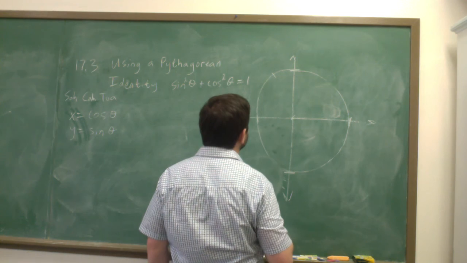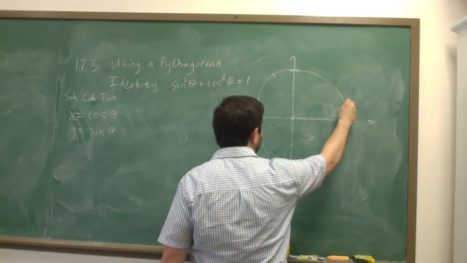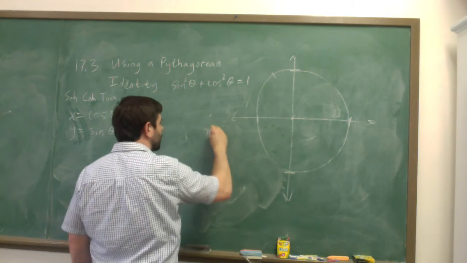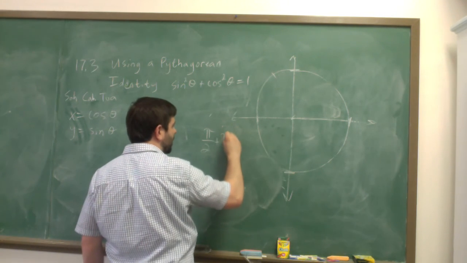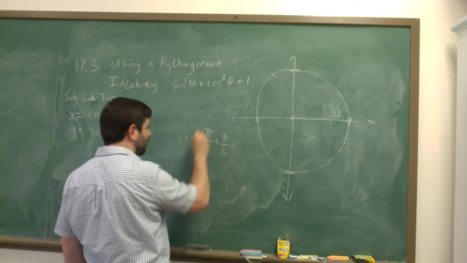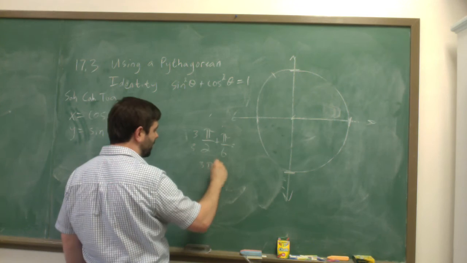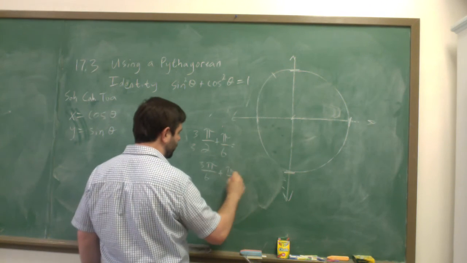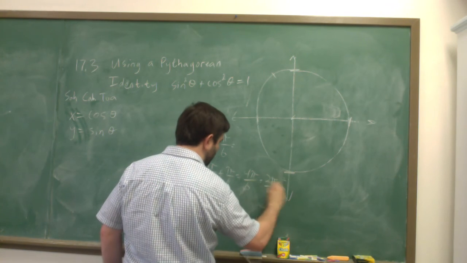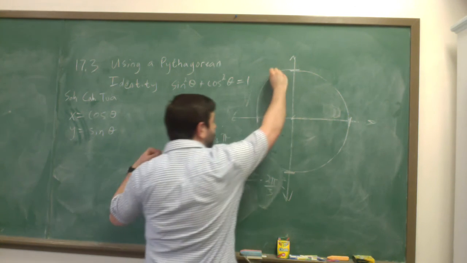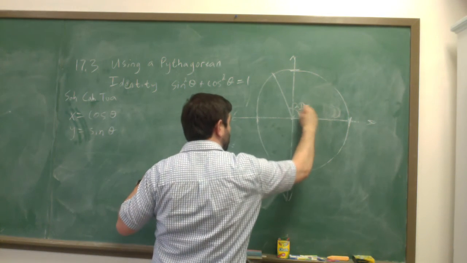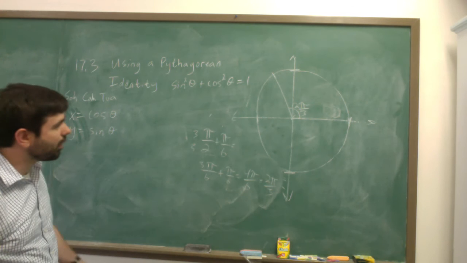It is going to be pi over 2 plus pi over 6, I believe, and that's going to be 3 pi over 6 plus pi over 6 equals 4 pi over 6 equals 2 pi over 3. Okay, so we got this. Angle there is 2 pi over 3.